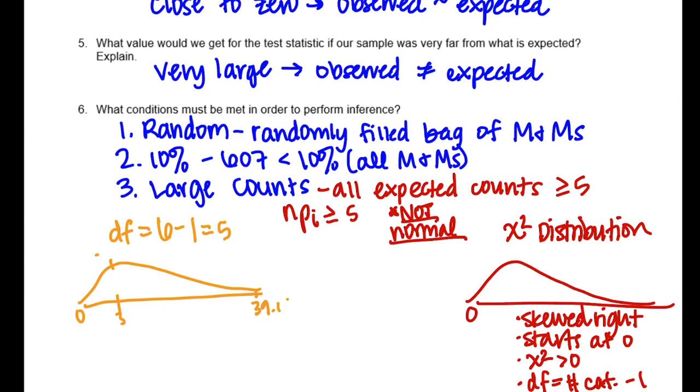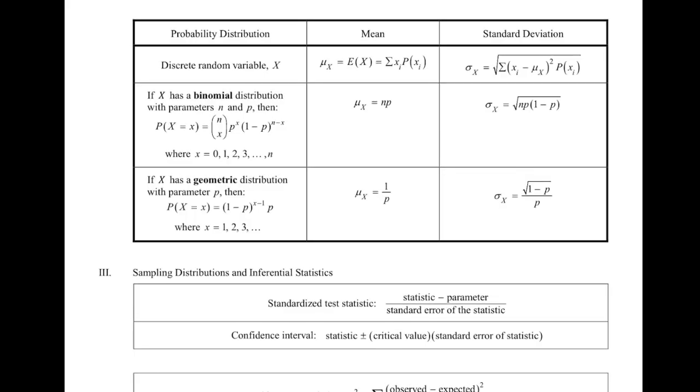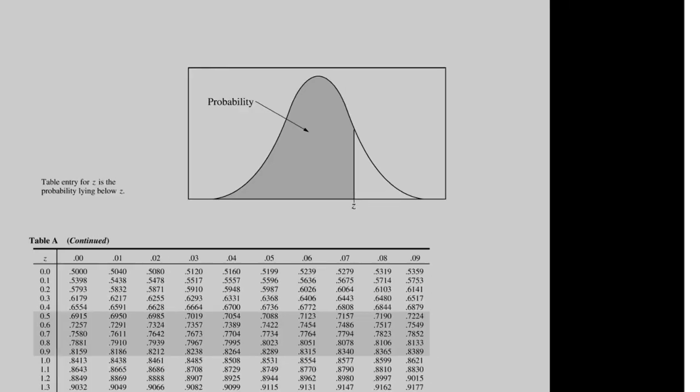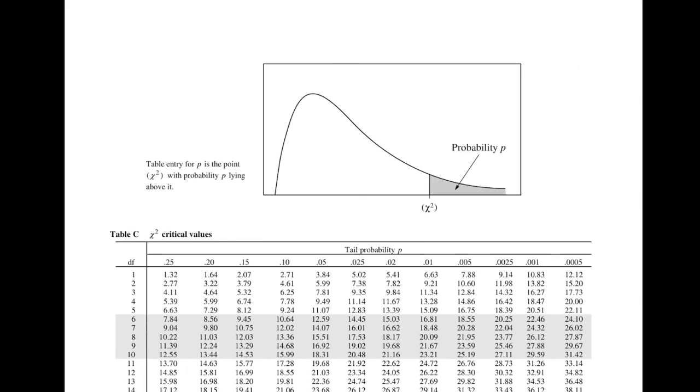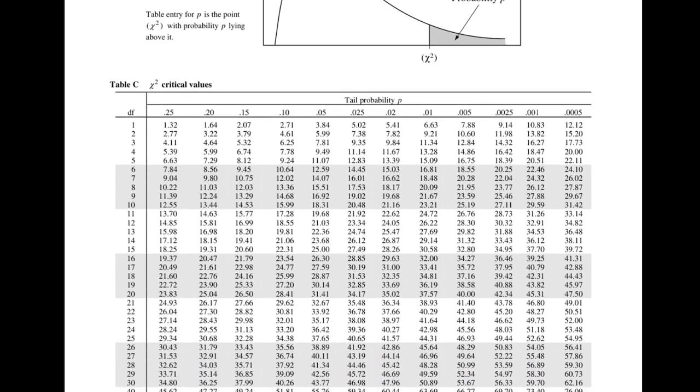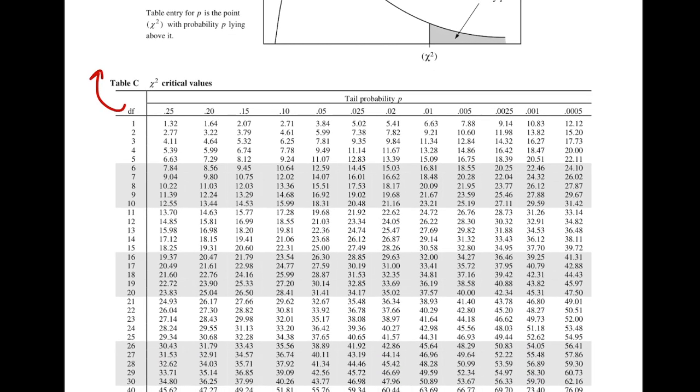We have 2 ways to get it. One way is to use table C. We have a table C now. And so our DF, like I said, was 5, the categories minus 1. So we'll just make that note here in red on the table because you have this yellow paper. And so I'm looking at row 5.